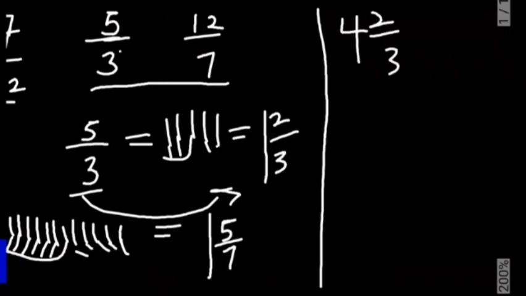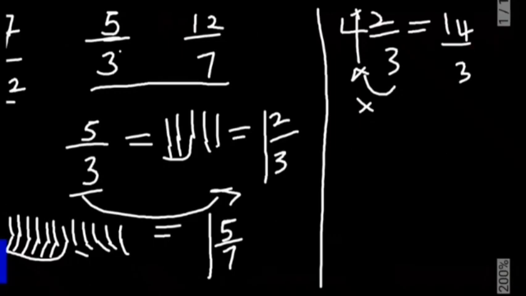To convert this to an improper fraction, the denominator of the proper fraction we multiply by the whole number. So we have 3 multiplied by 4, we have 12. Then we add it with the numerator. So 12 plus 2 is 14/3. So that is the way we convert mixed fractions to improper fractions.